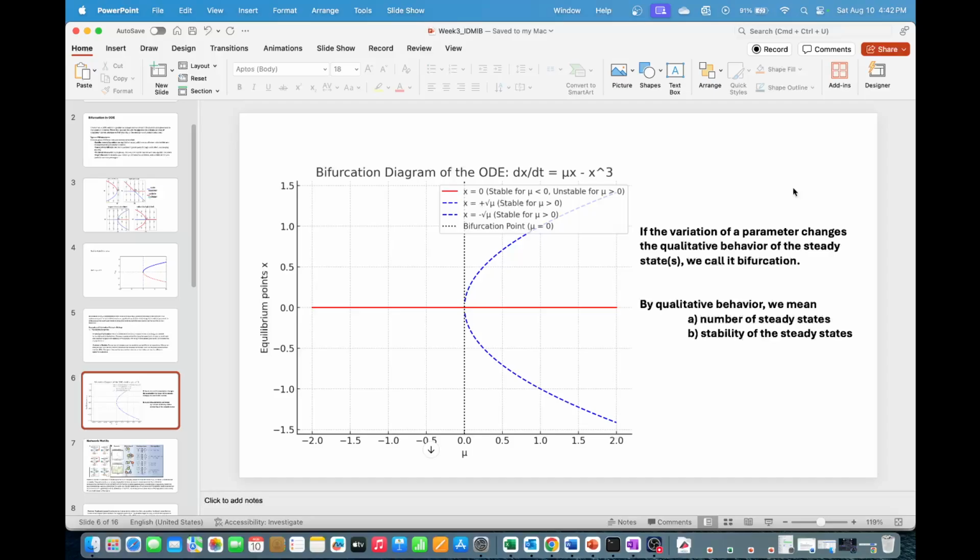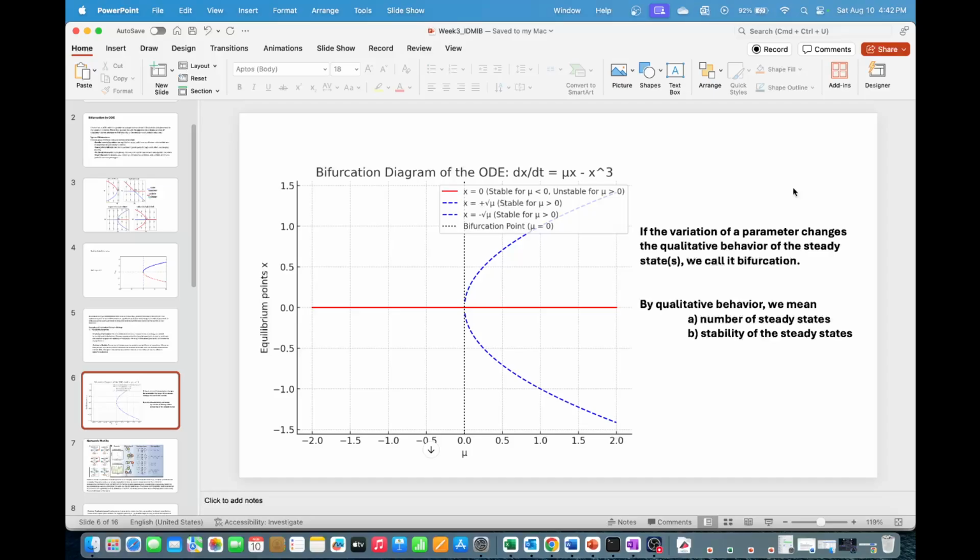By qualitative behavior, we mean changes in the number of steady states or changes in the stability of those particular steady states. If these two things happen, then we only call it bifurcation. Other than that, if you just change your mu, your steady state will either increase or decrease. That is not bifurcation. Bifurcation is when the number of steady states has increased or decreased and the stability of the steady states has also changed.